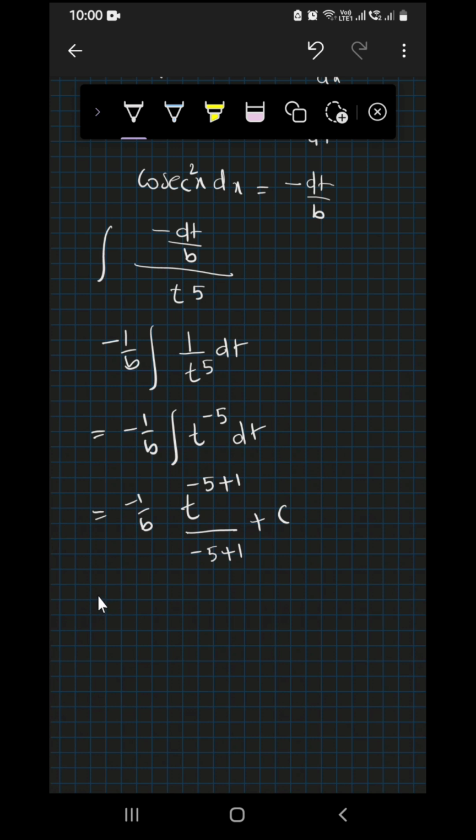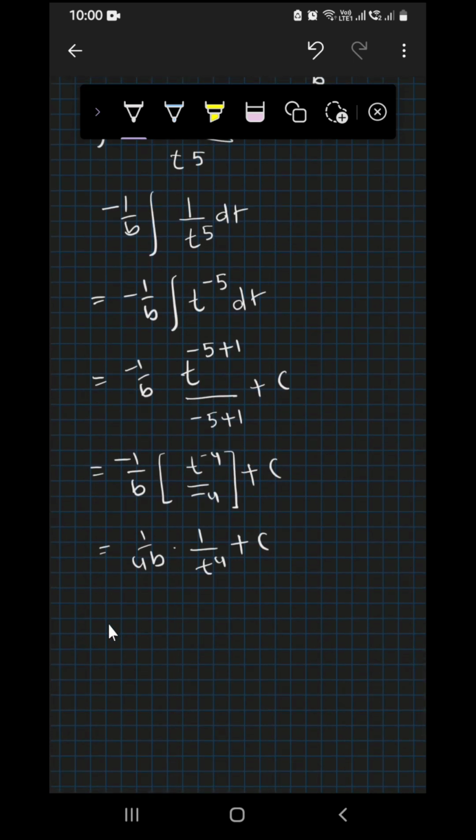So we get minus 1 by b of t power minus 4 by minus 4 plus c. Now minus minus gets cancelled, we get plus 1 by 4b into 1 by t power 4 plus c.